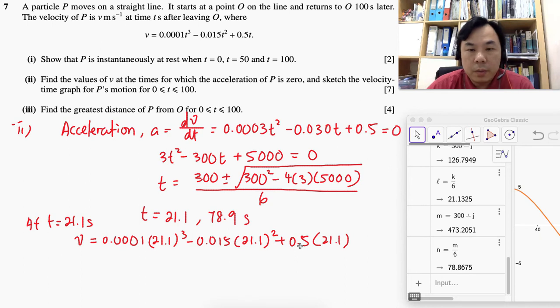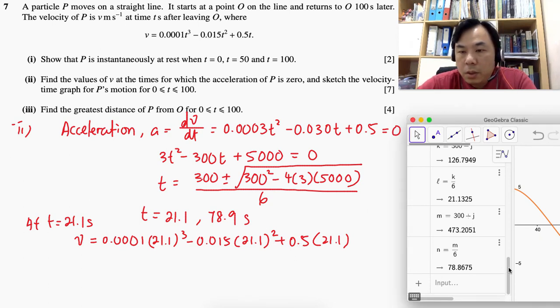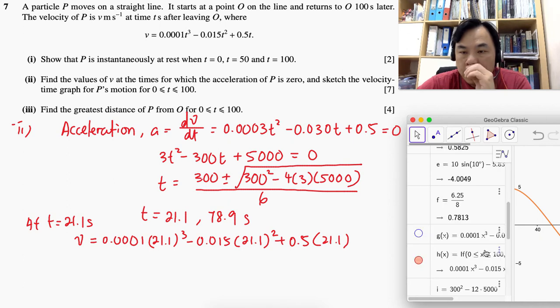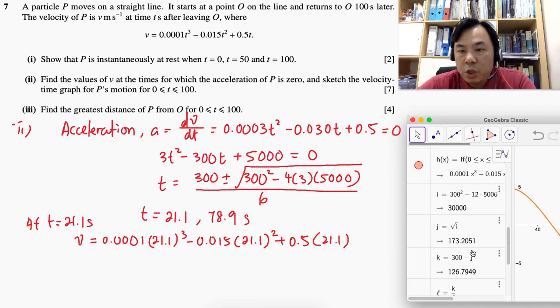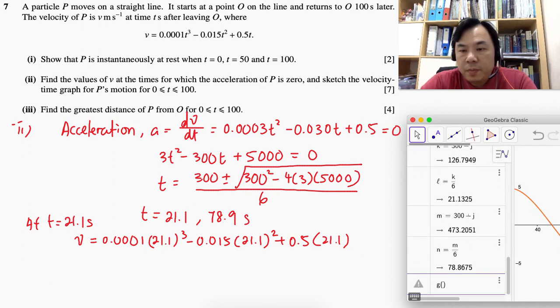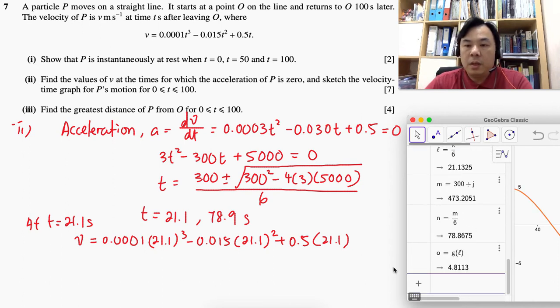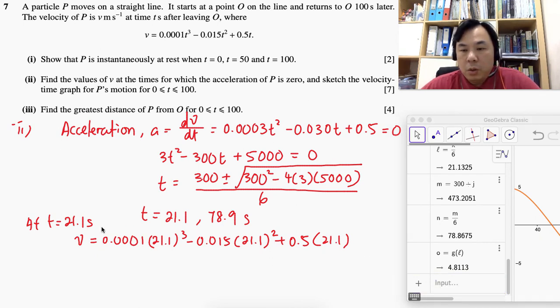Now using my calculator here, so let me try that out. Therefore, the velocity at t equal to 21.1 is actually equal to 4.81 meters per second.